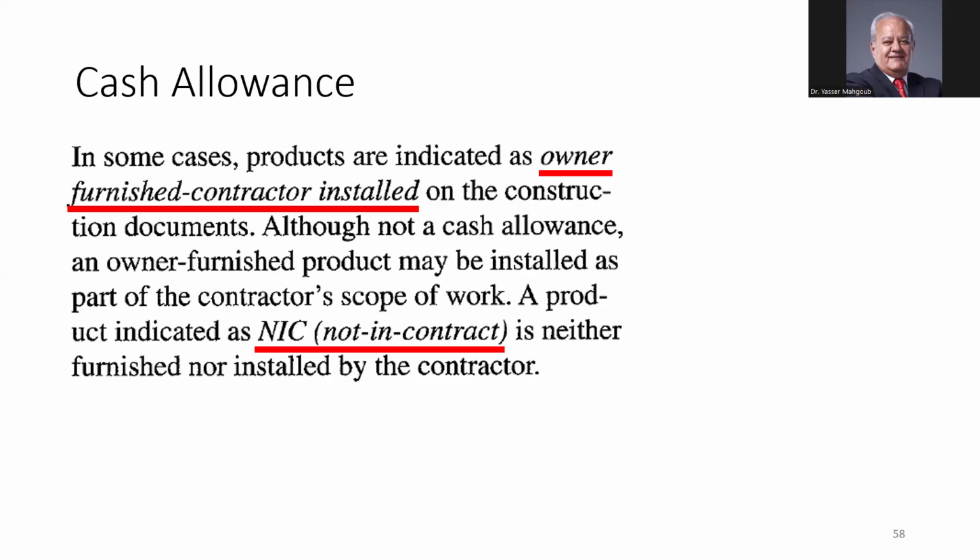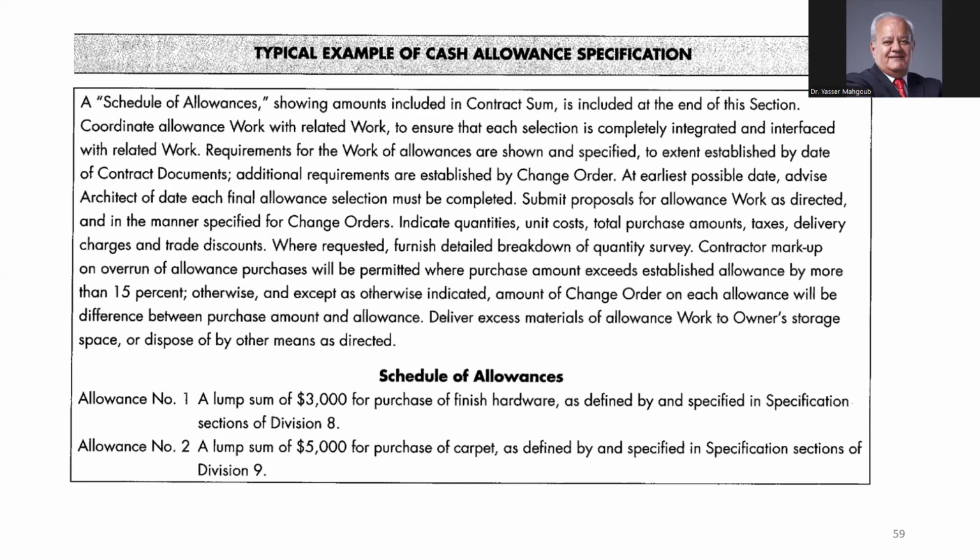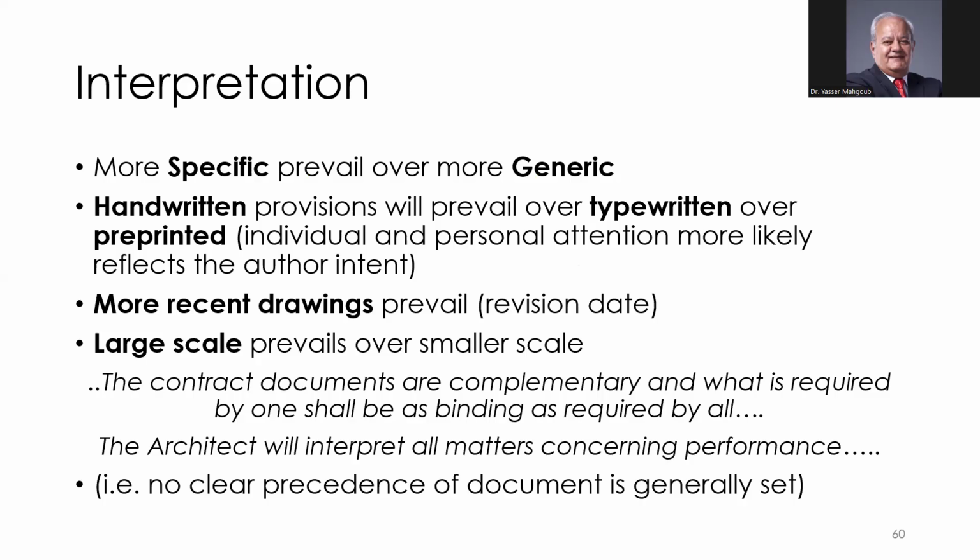A product indicated as NIC, not in contract, is another type of product that is not furnished nor installed by the contractor. So they remove it from their contract bidding. All these details are important so that you get a competitive price for the project.